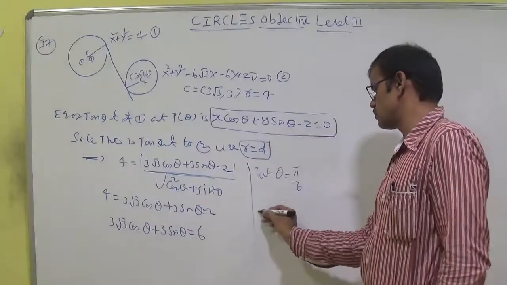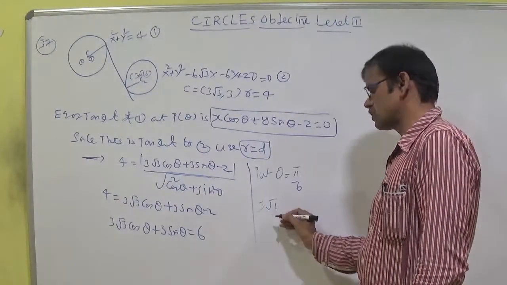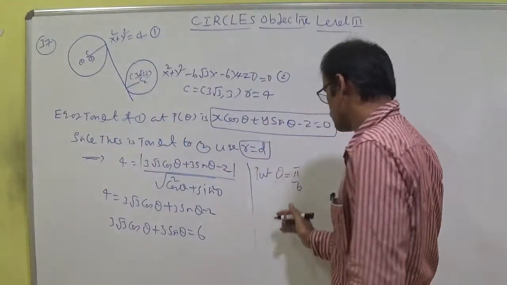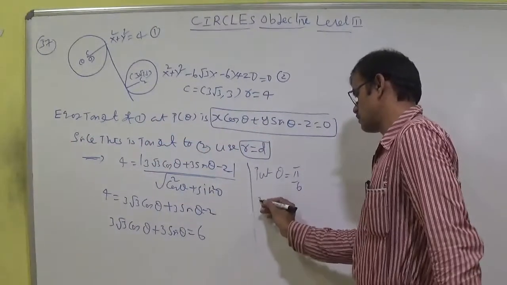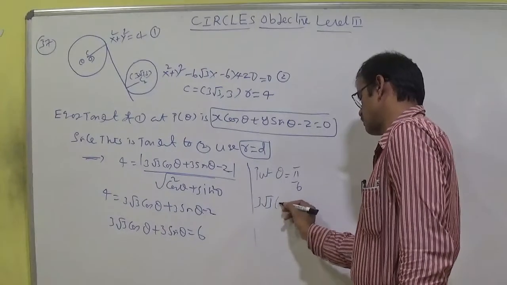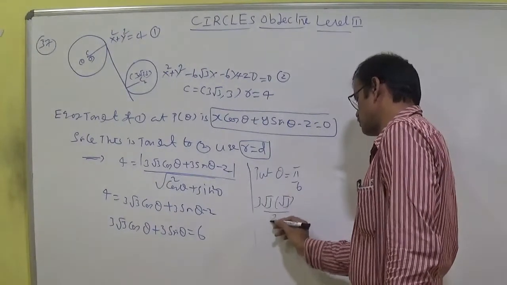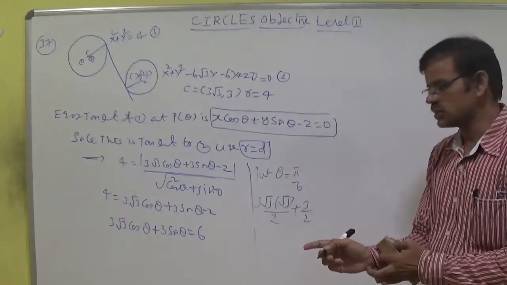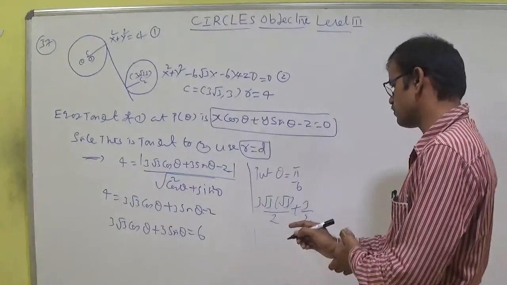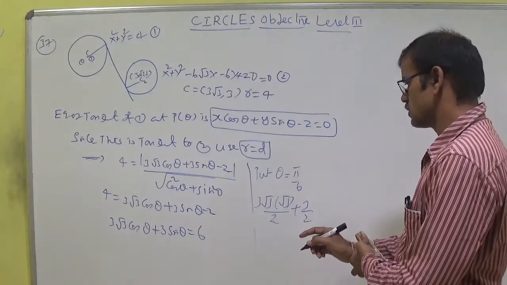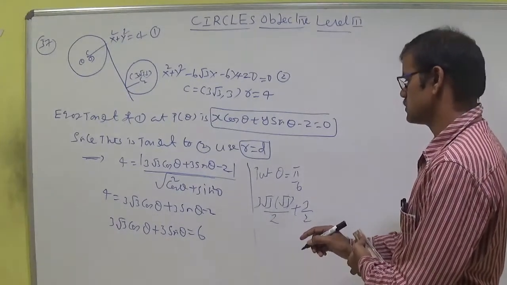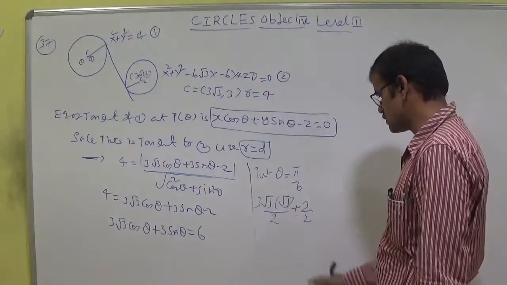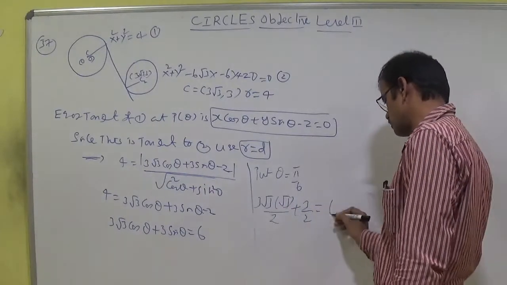3 root 3 into cos 30, whose value is root 3 by 2, plus 3 by 2. Root 3 into root 3 by 2 plus 3 by 2: 3 times 3 is 9, 9 plus 3 is 12 by 2. 12 by 2 is 6.